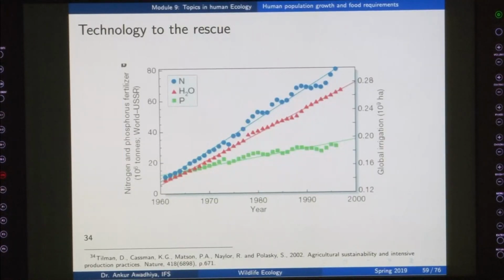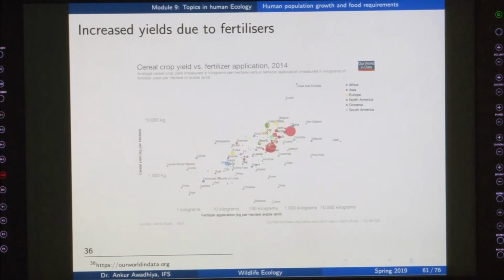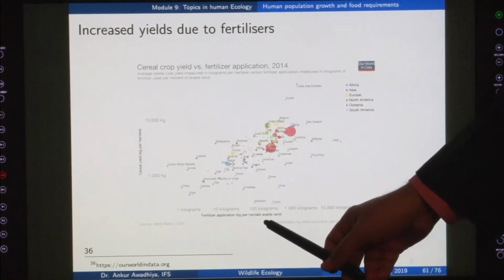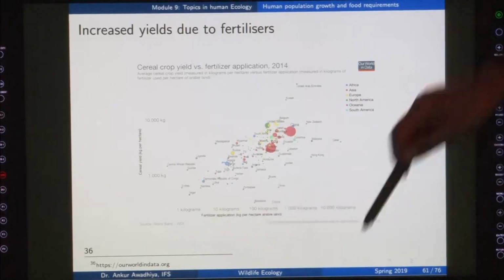So, in essence, we are developing newer and newer technologies, and we are deploying those technologies into the fields. If you look at this curve, on the x axis we have the fertilizer application, that is kg per hectare of available land, and this is a logarithmic curve.